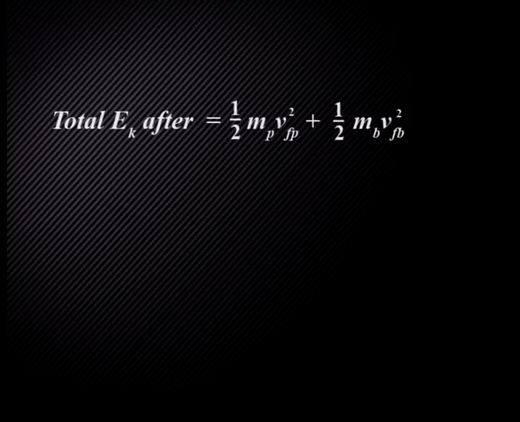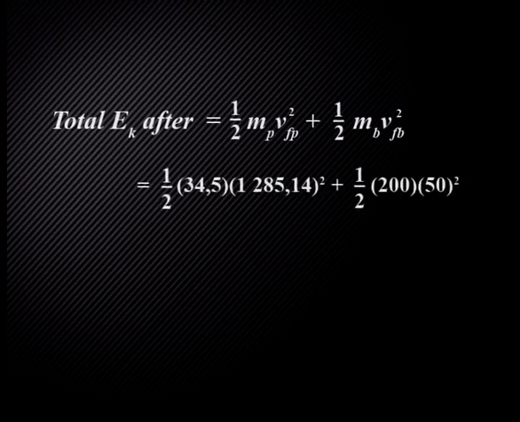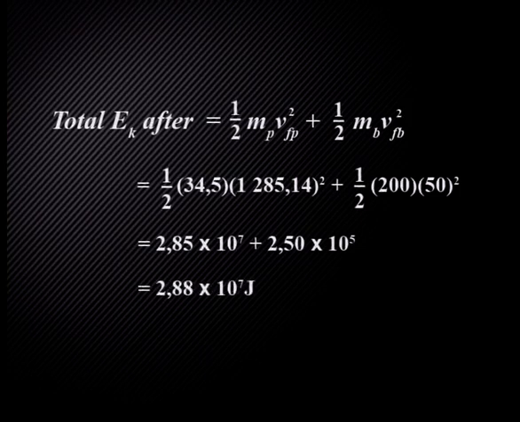Substituting in the values we know about the box and the projectile after the collision, we have a half times 34.5 times 1,285.14 squared plus a half times 200 times 50 squared. This gives us 2.85 times 10 to the power of 7 plus 2.50 times 10 to the power of 5. The total kinetic energy of the system after the collision is equal to 2.88 times 10 to the power of 7 joule.